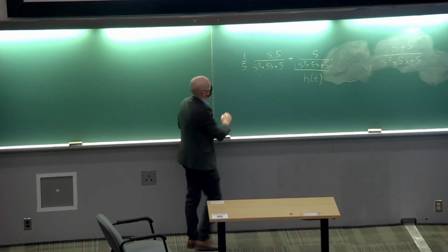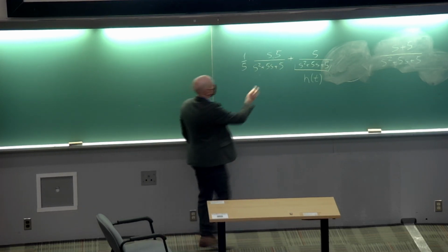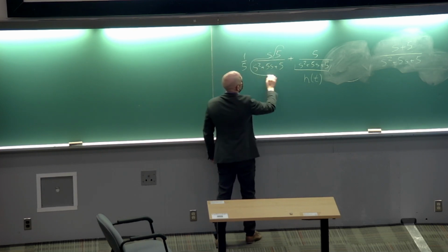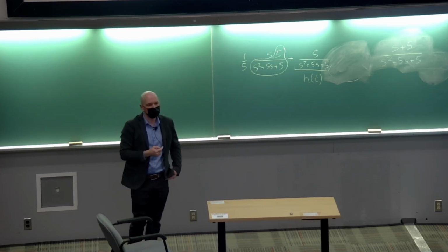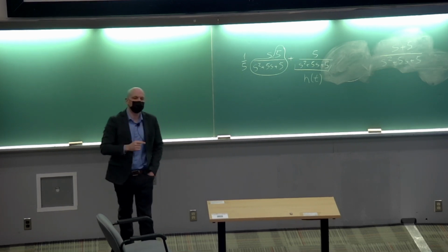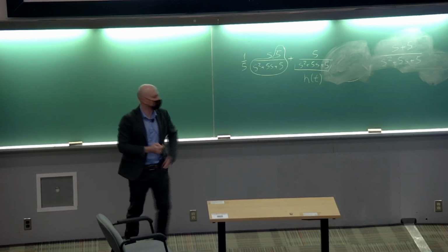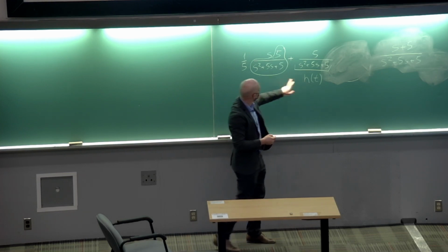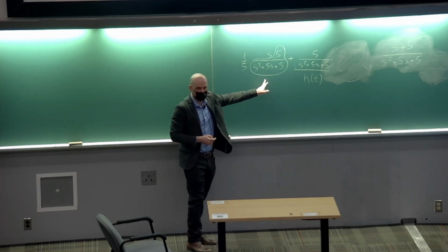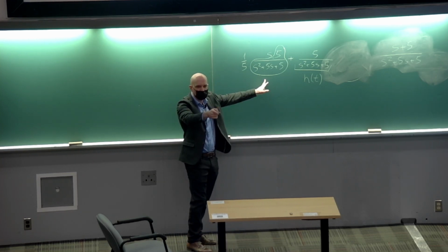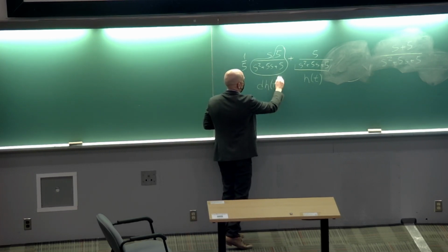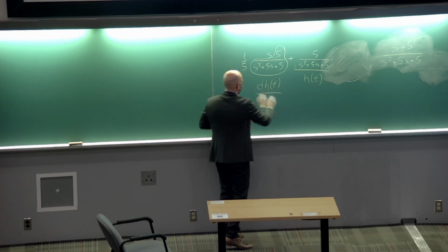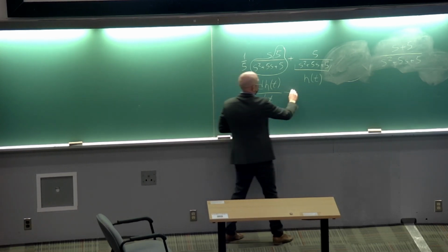So we have basically the same function, but now multiplied by s. And the same function, but multiplied by s. So what is the time response of that? If this is h of t, what is this one? The derivative of h of t, s h of t. Very good. So this is dh of t dt times 1/5 plus h of t.